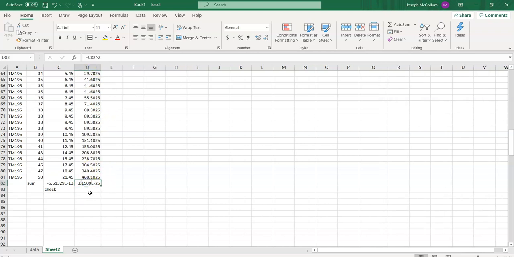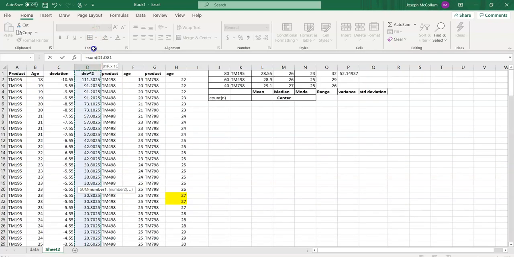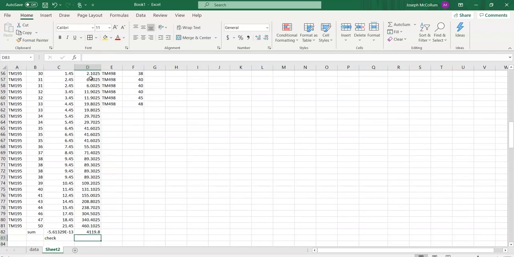And yes, the sum will be pretty large. The sum of the deviation squared will be very, very large. All right, that's the sum of the deviation squared. We got the sum of this column.